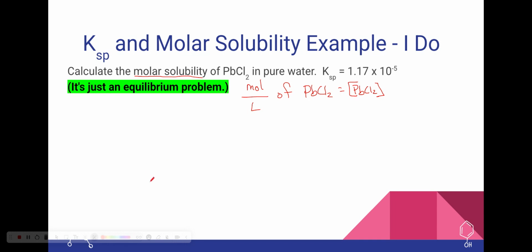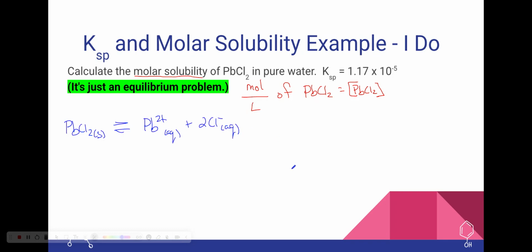Now, to go back to this idea that this is just an equilibrium problem, I first have to write my chemical equation, which is, of course, going to be solid lead 2 chloride in equilibrium with lead 2 plus aqueous plus 2 chloride ions, which are also aqueous.